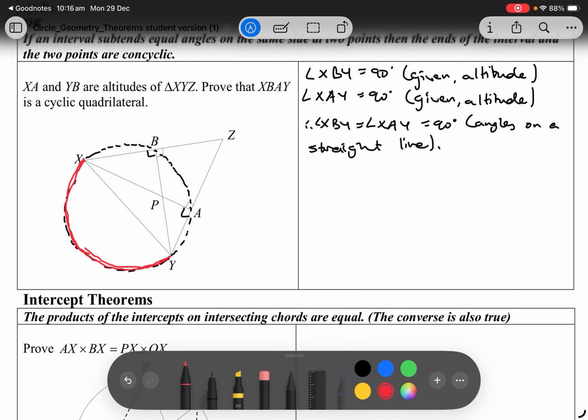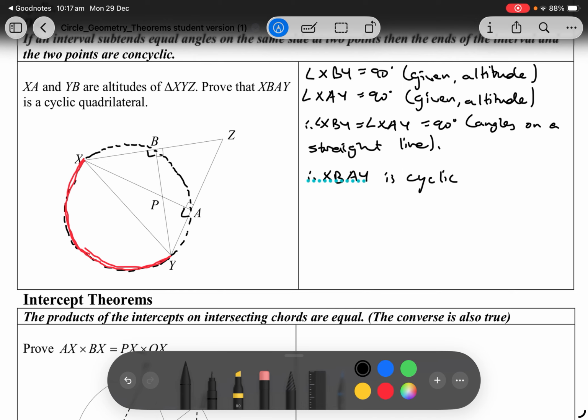And since these vertices, X, B, A, Y, are points on the circumference, then it must be a cyclic quadrilateral. So we can say, therefore, XBAY is cyclic, because our XY subtends equal angles standing on the circumference.